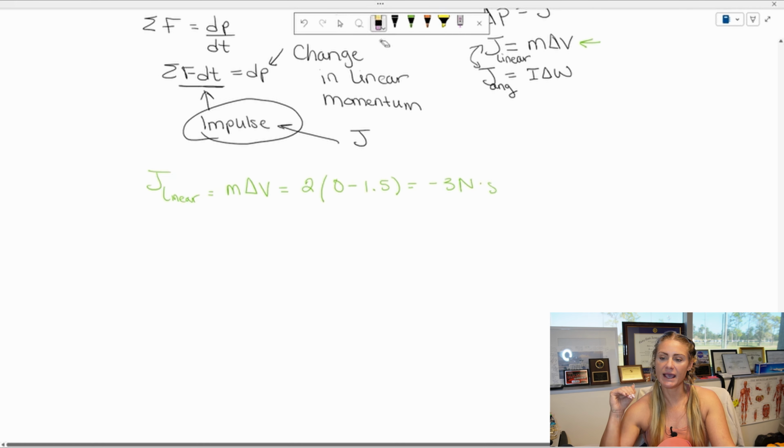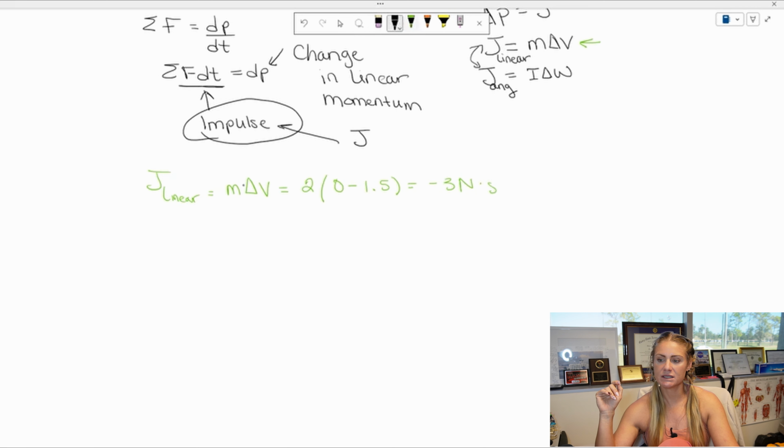Remember, it's asking for force though, so we need to find force. And we said that the sum of the forces is going to be the change in impulse, and we also separated our variables to do that.